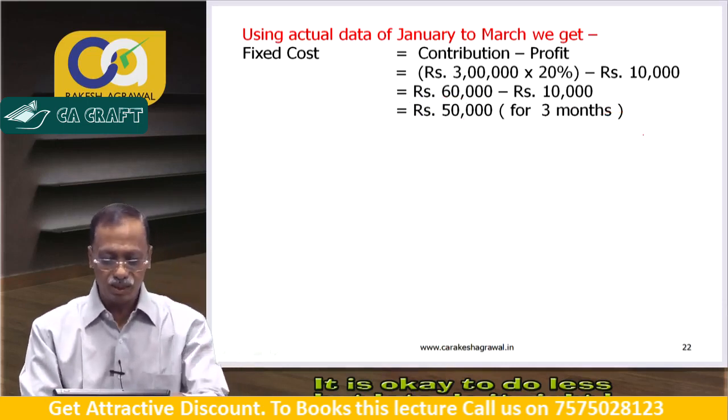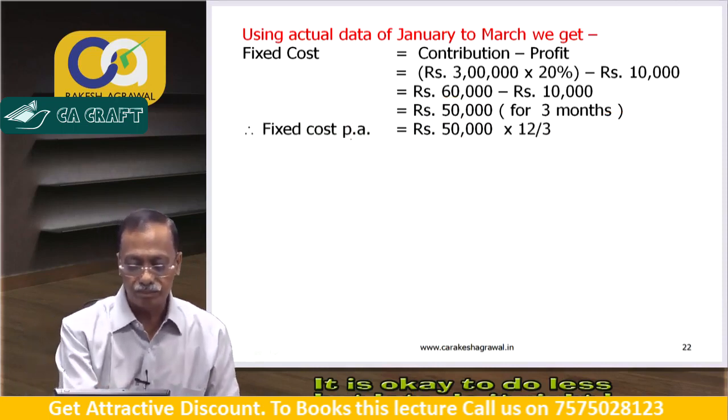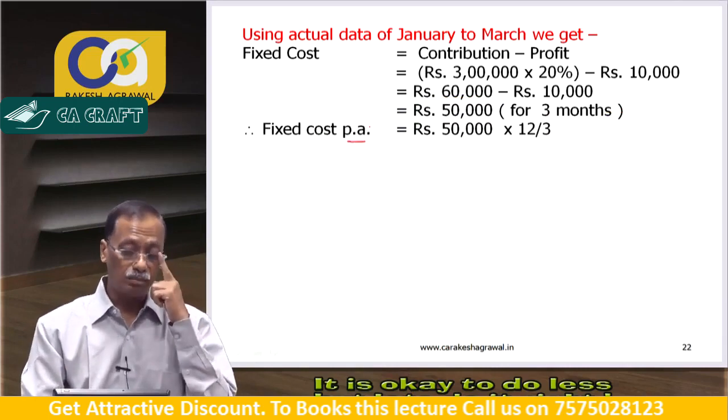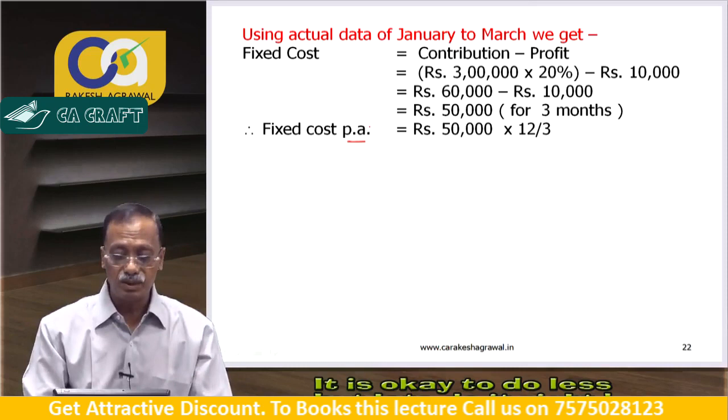So I will convert it into 1 year. Write down. Therefore, fixed cost per annum, whatever way you do, fixed cost per annum, because we want annual BP, is equal to 50,000 into 12 months upon 3 months.